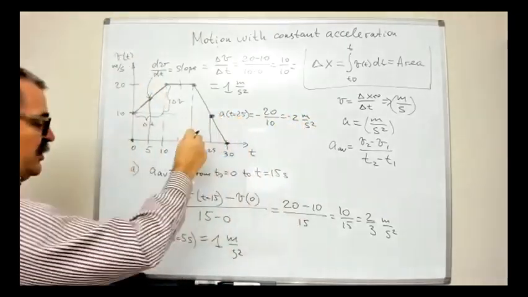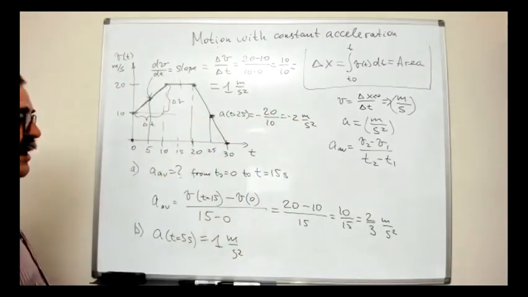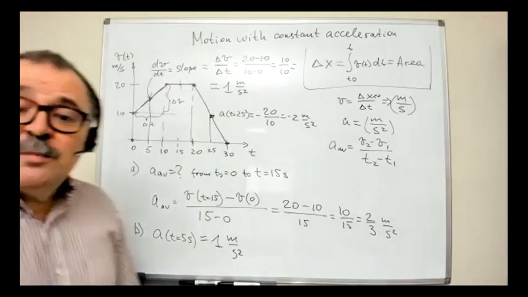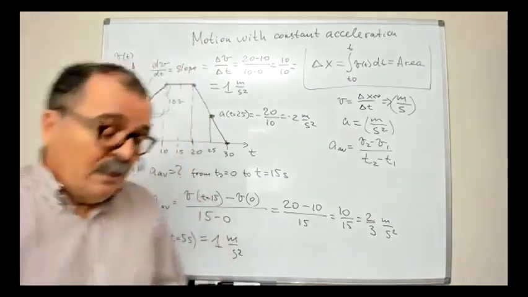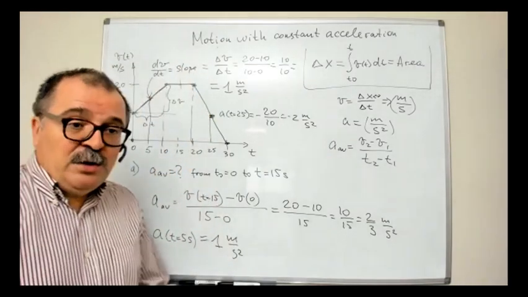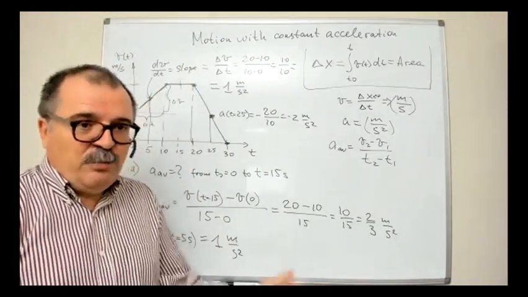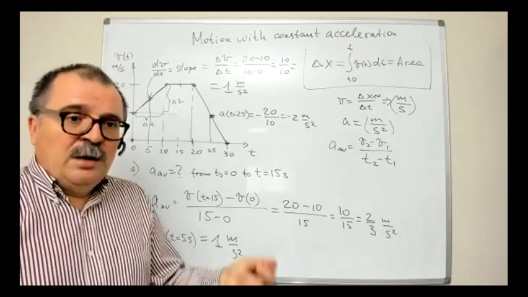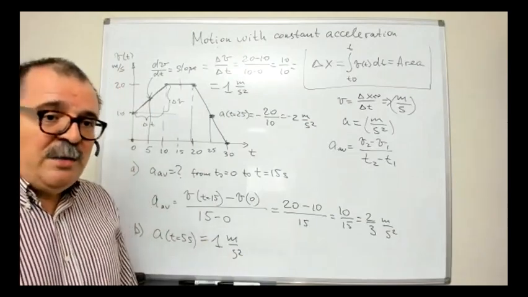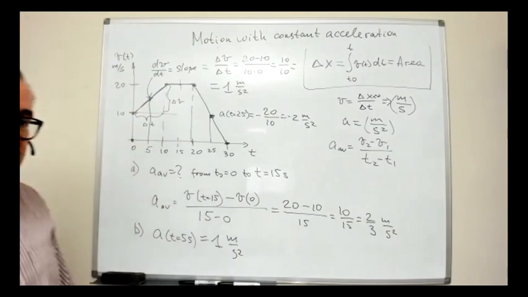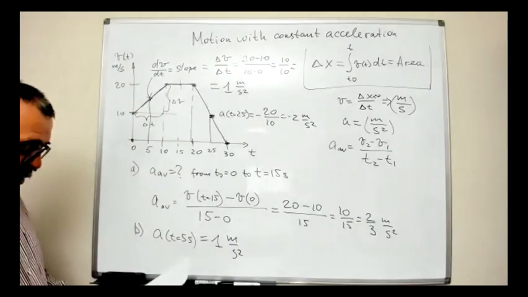So the instantaneous acceleration at this moment of time is minus 2 meters per second squared. So that's a deceleration, but you can say negative acceleration, positive acceleration. So yeah, you may name it deceleration. Velocity decreases.